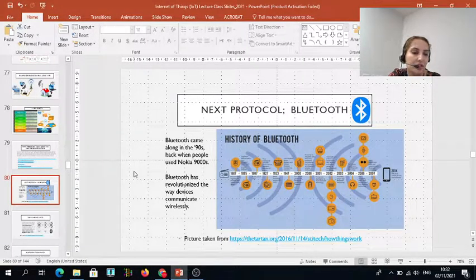Sometimes we just overlook the advantages of this technology and how exactly it works. So it is important to know, and I'm hoping that everyone can get hands on the device that we have in lab for Bluetooth connectivity and try a very simple program using Bluetooth.